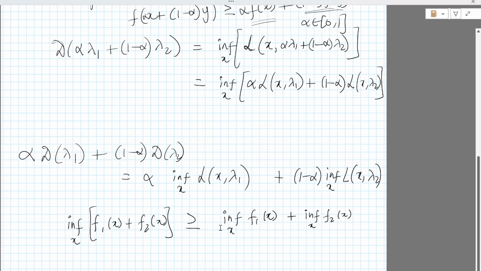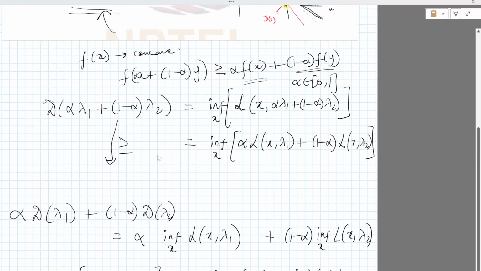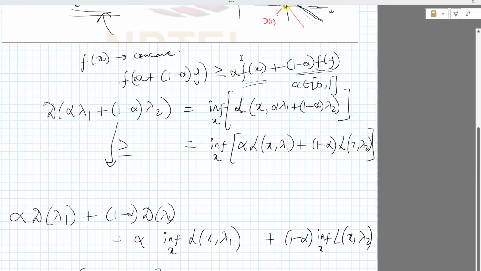By this property, that will always be true. That is what we wanted to prove, the property of concavity.